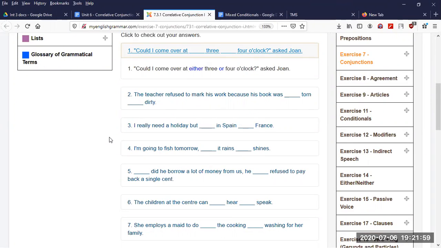Okay, number 2, we're joining these adjectives. Torn, dirty. So the teacher refused to mark his work because his book was something torn, something dirty. So what do you think?